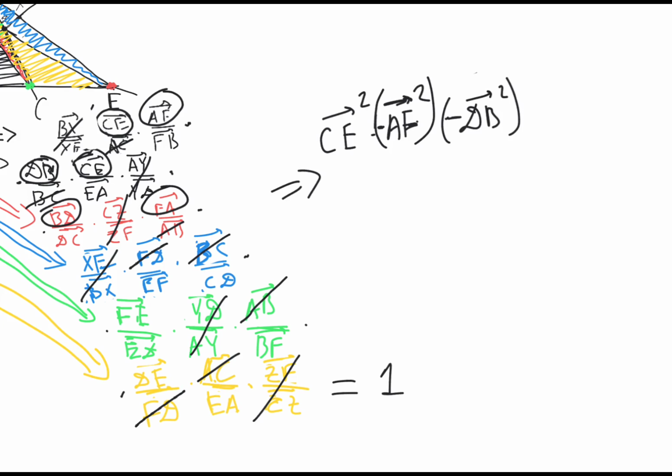Then we have FE and EF, so for this we need to invert one of them. Right, EF, right, GE. Yes, so now EF and EF cancel each other.